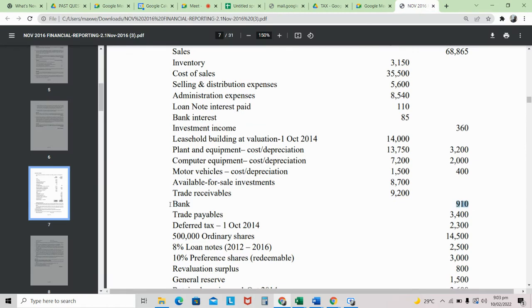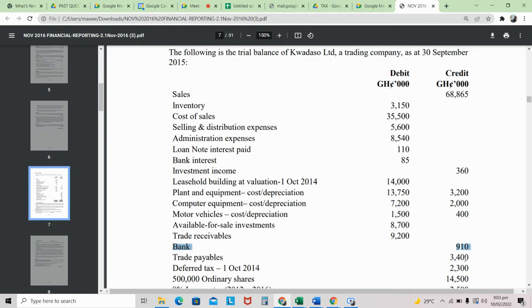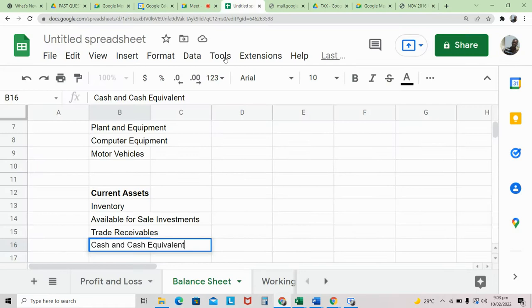Okay. Sorry, this bank is at the credit side, so it means that this is an overdraft. This bank figure is at the credit side. If it was at the debit side, then it would have been an asset. But since it's at the credit side, it's an overdraft, so it has to go to current liability.